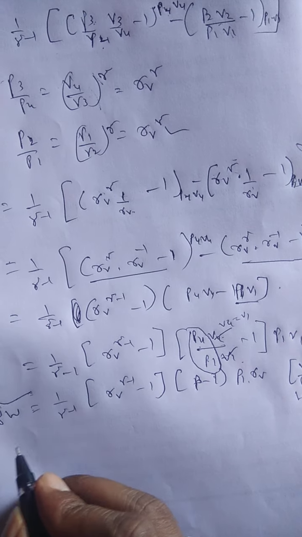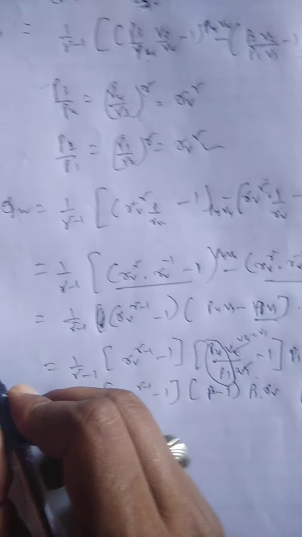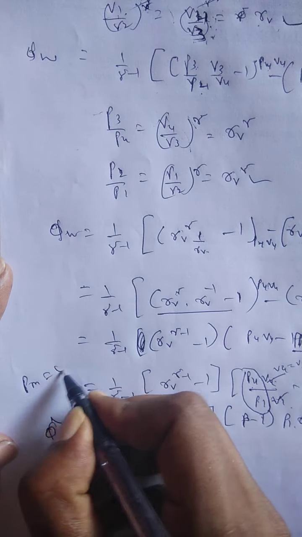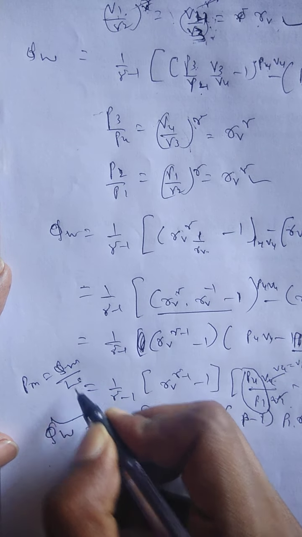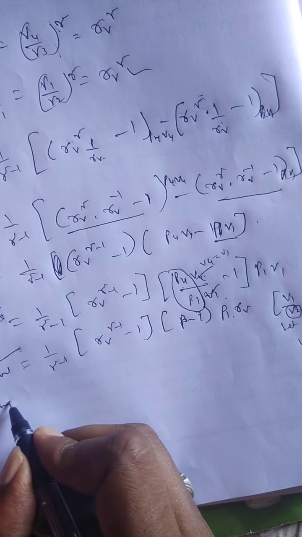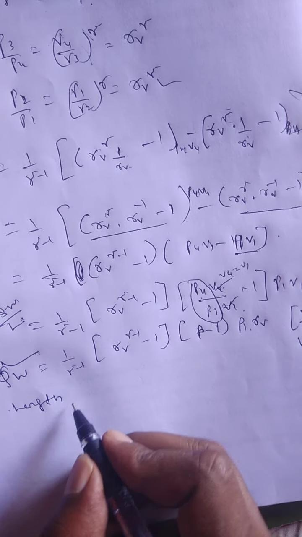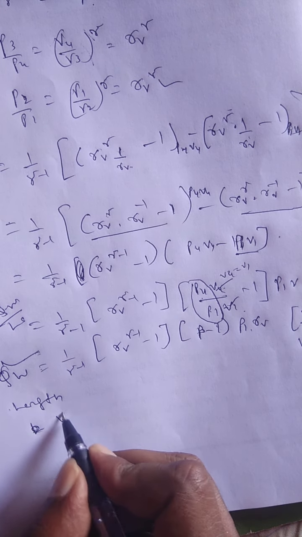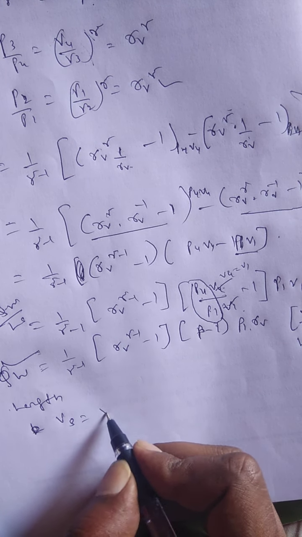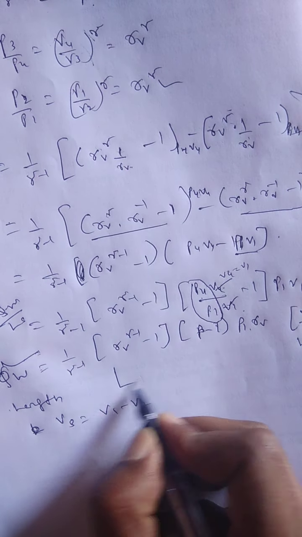Now, as you know very well, the mean effective pressure is net work done divided by the length of the indicator diagram. So we need to find the length of the indicator diagram. Length of the indicator diagram, Vs, equals V1 minus V2, from the graph.